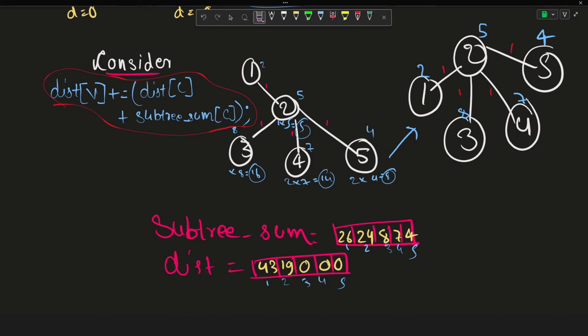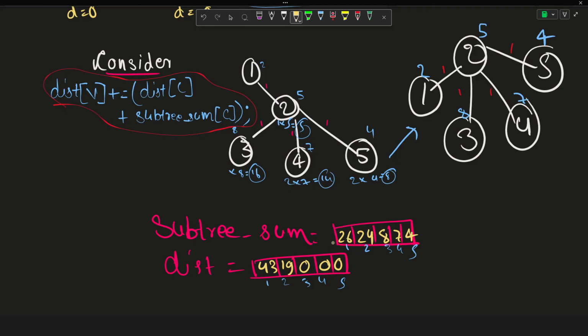Now, in order to make 2 the root, I first want to break the link. That is, I don't want to store any information of 2 in this one now. So I will subtract the values of 2 from this one, because this one is made up using the subtree sum as well as the cost value of this 2. In this array, for the first node, I am removing the link of 1 with the 2.